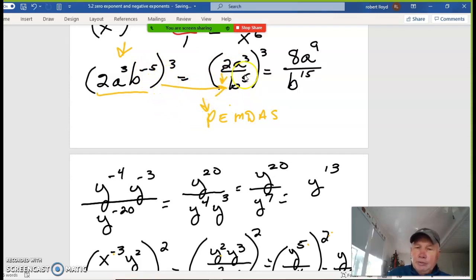It has to become the denominator in the denominator. So now when we carry this out, don't forget to do the number part. So this is 2 times 2 times 2 for our 8. And then 3 times 3 is a to the 9th. 3 times 5 is b to the 15th.